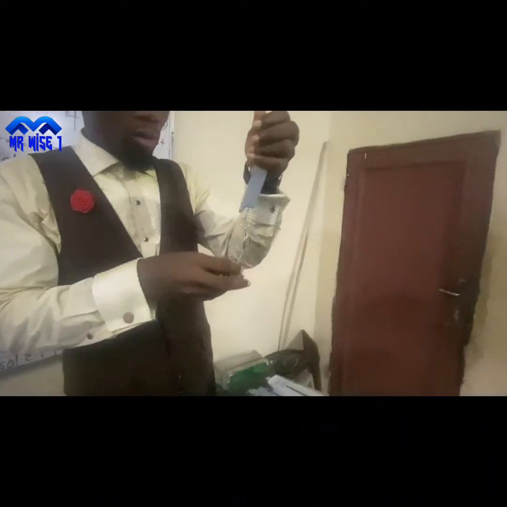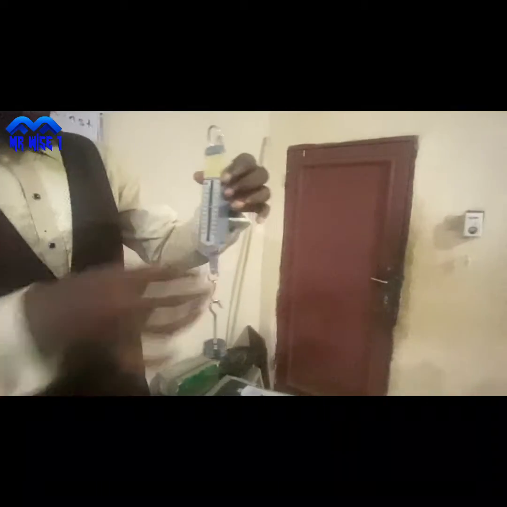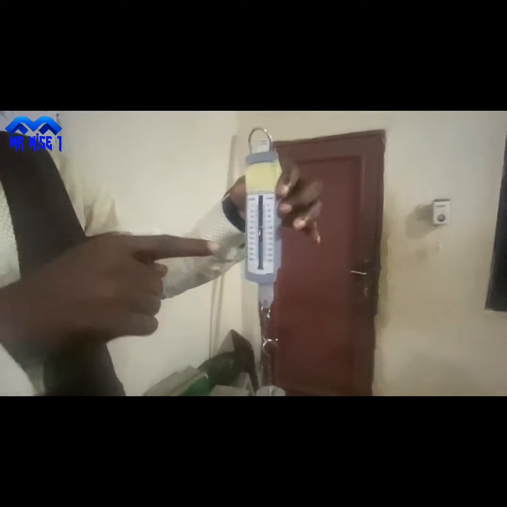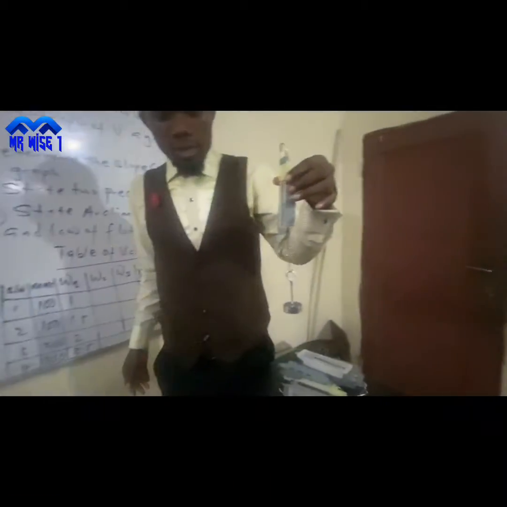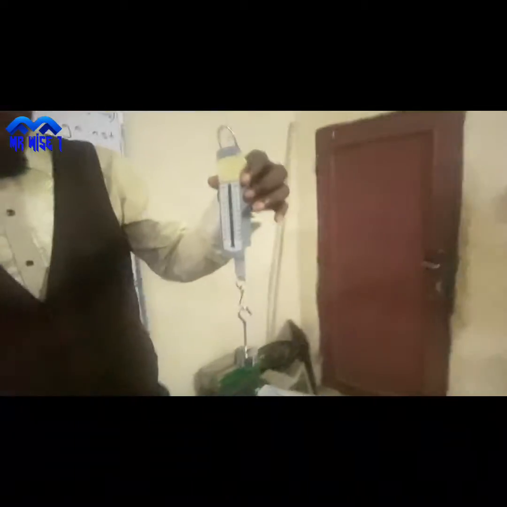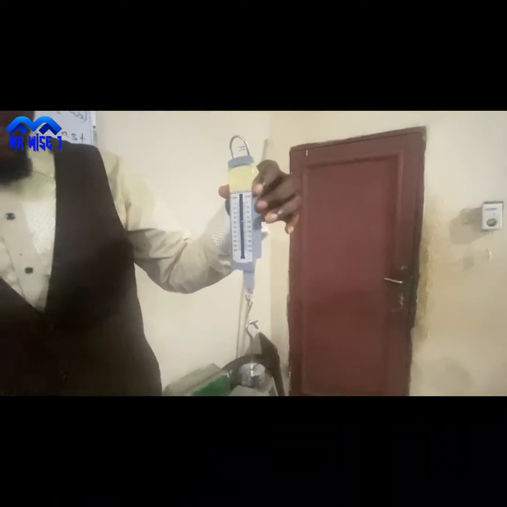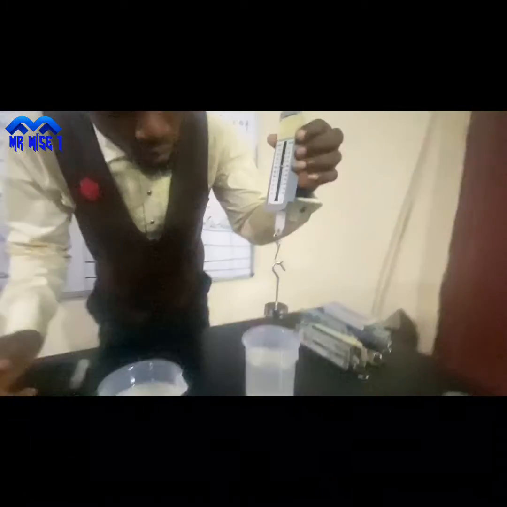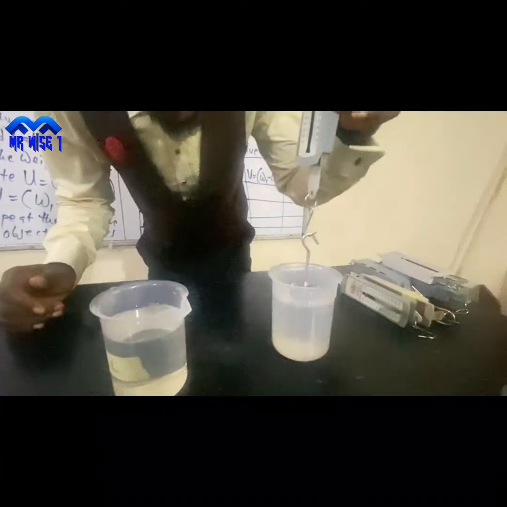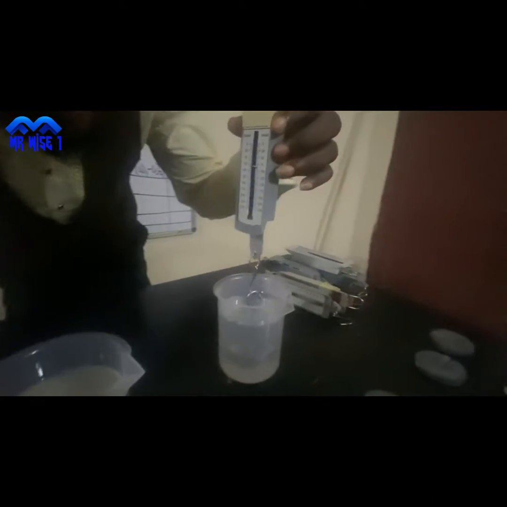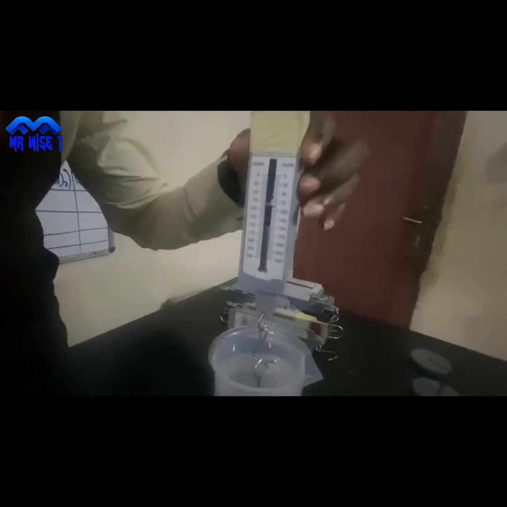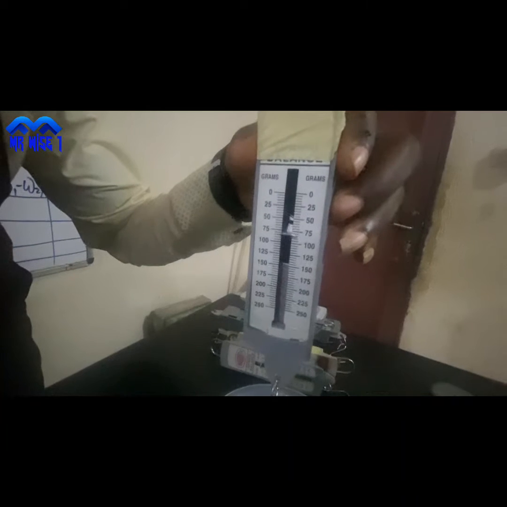As you can see, the mass in air is 100, which I've calculated, even the weight in air. So let me get the mass in water first. I'll immerse the mass into the water to get the weight of the mass when it is immersed in water.